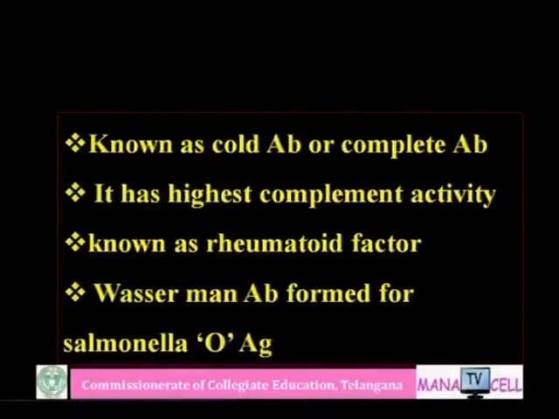IgM has the highest complement activity, and it is also produced in rheumatoid arthritis or autoimmune disorders. That is why it is also called rheumatoid factor, and also called Wassermann antibody. This antibody is produced against the Salmonella O antigen, that is, Salmonella typhi and Salmonella paratyphi.